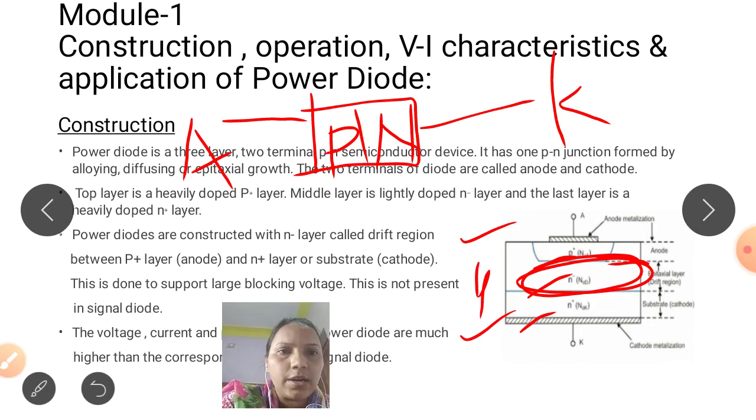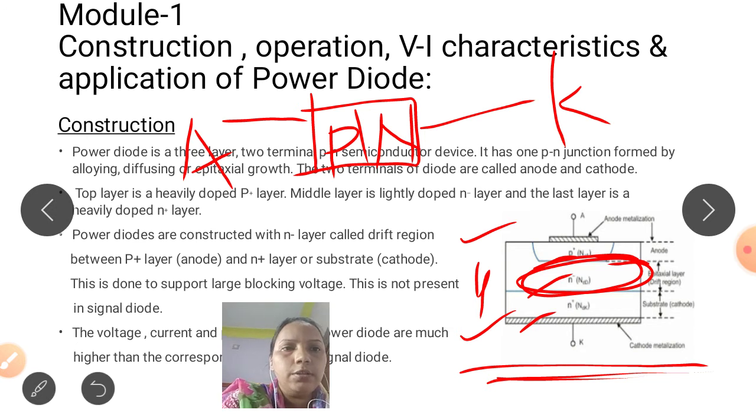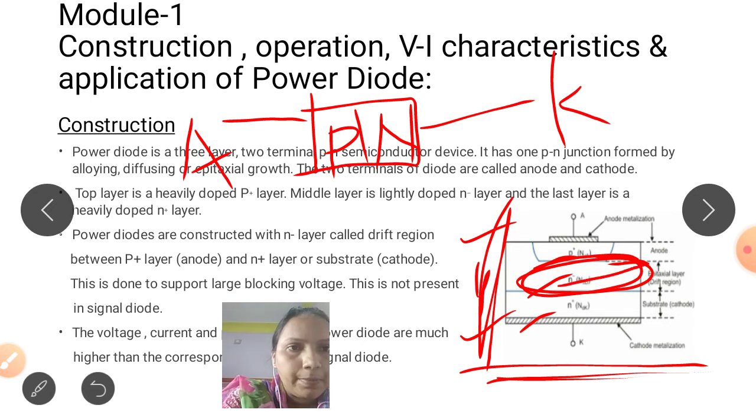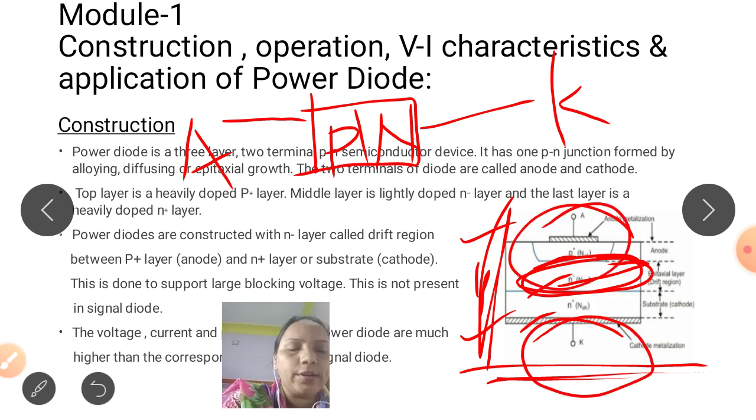So now you understand the constructional structure of the power semiconductor diode. The power diode structure has three layers, that is P plus, N minus, and N plus substrate layer. From these three layers there is one PN junction and two terminals: the anode terminal connected with the P plus layer, and the cathode terminal connected through a metallic layer with the N plus layer.